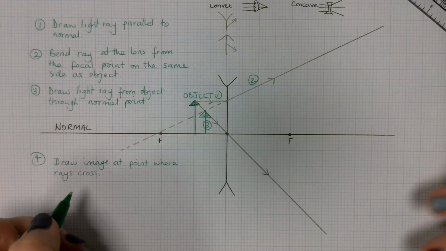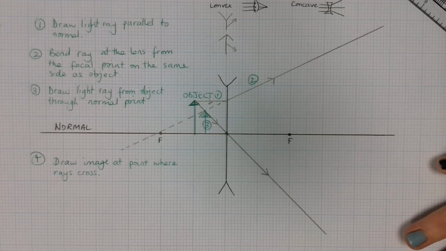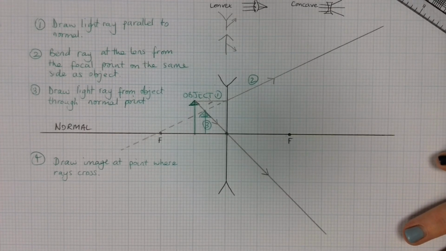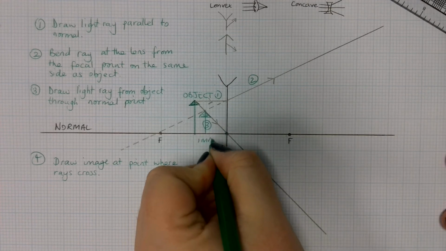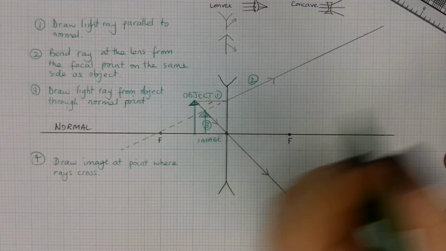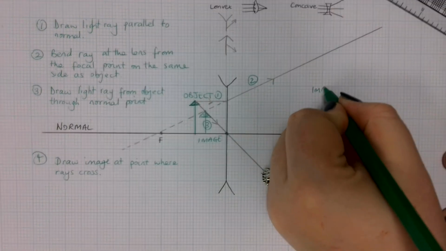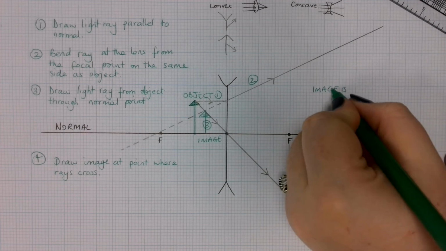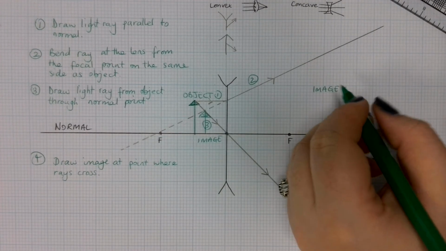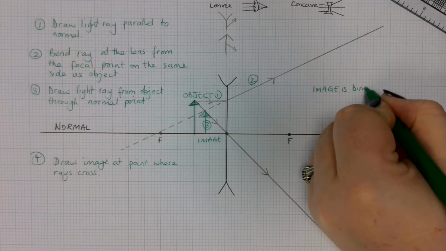It is smaller. Okay, so we're going to describe this image. So this image is smaller. What was the scientific word for smaller? Diminished.